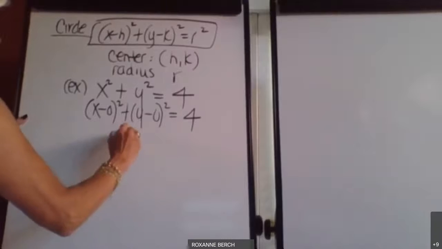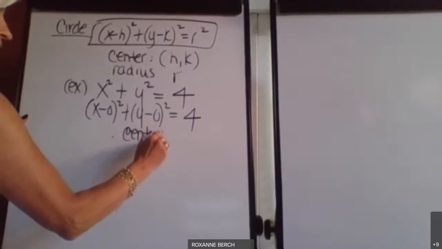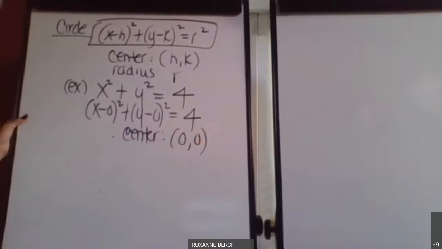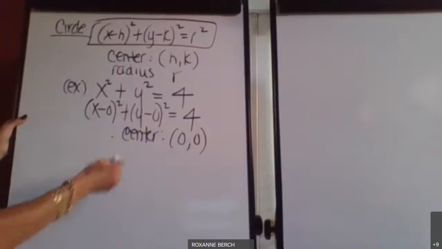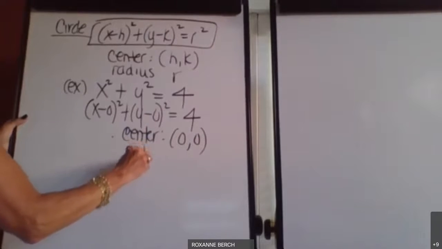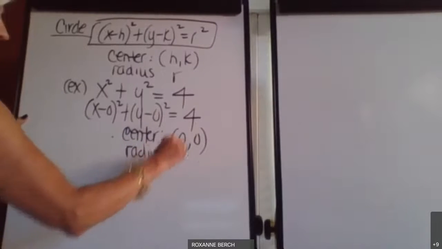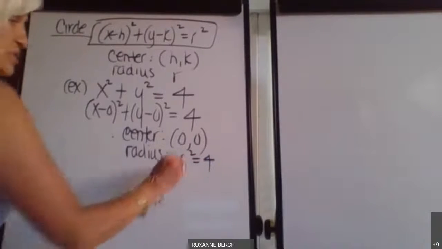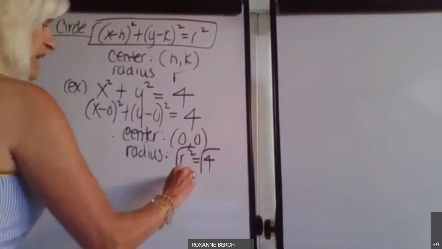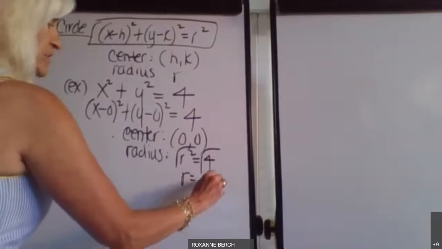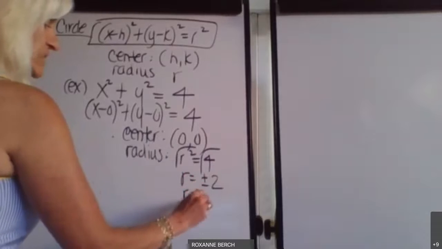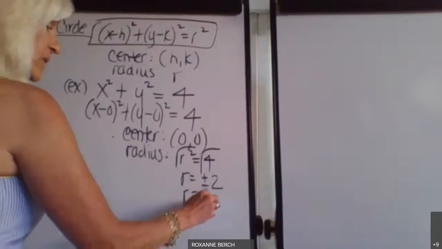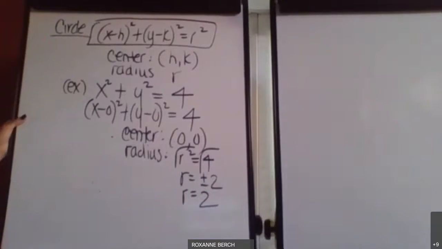So that means your center is at (0, 0), (h, k). And your radius, we know that r squared is equal to 4. So if you took the square root of both sides, you get plus or minus 2. And since the radius is the length, we would have to just say r is equal to 2.